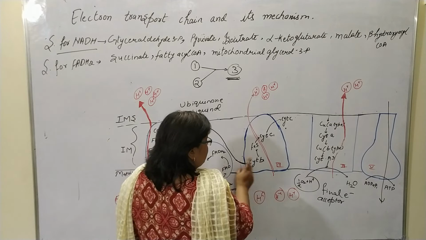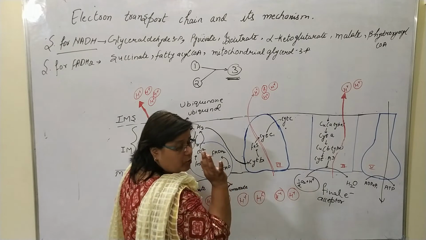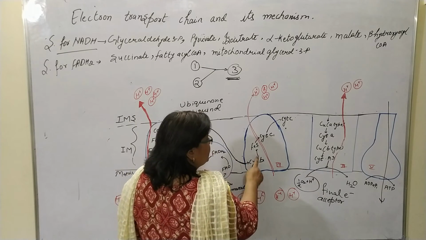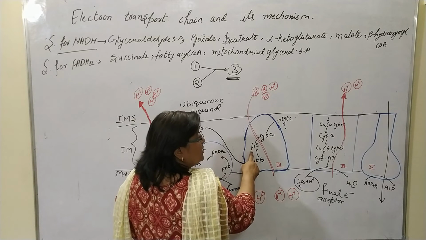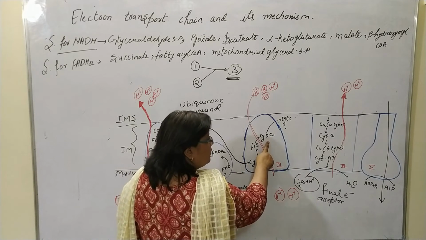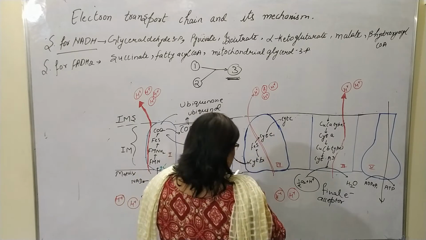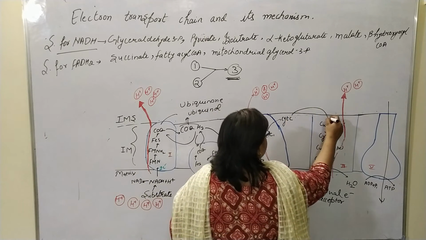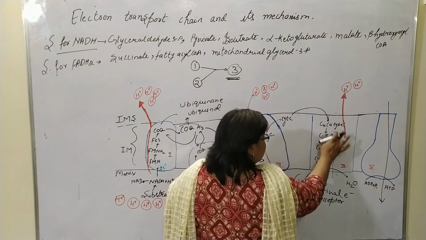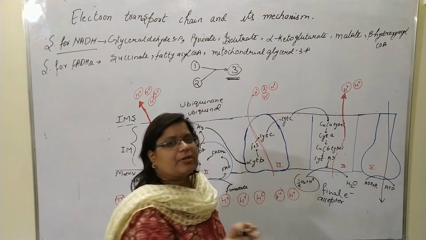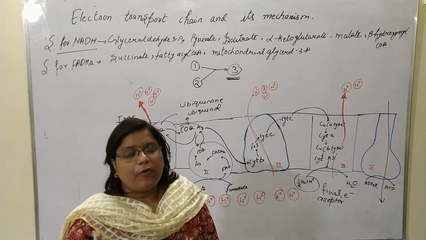Now the electrons come to cytochrome B. Cytochrome B takes the electron and passes it to the iron sulfur protein. These electrons are taken by cytochrome C1, then by cytochrome C, and cytochrome C takes the electron and reaches complex 4.